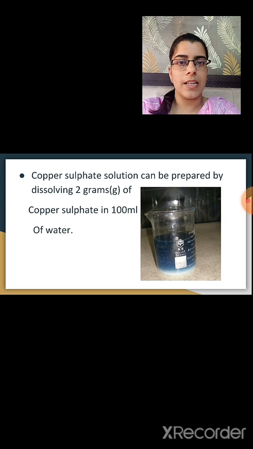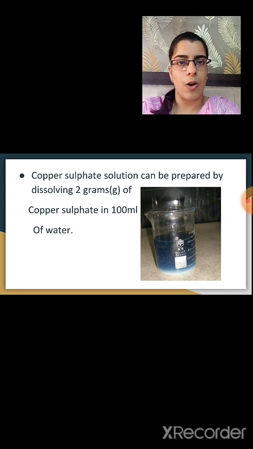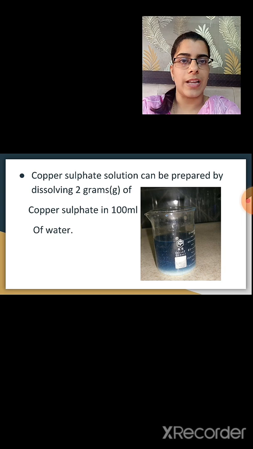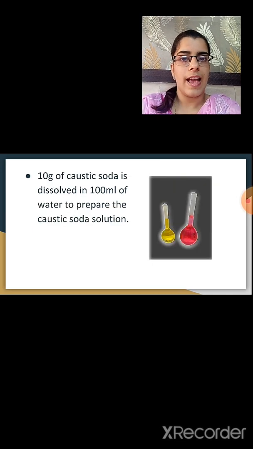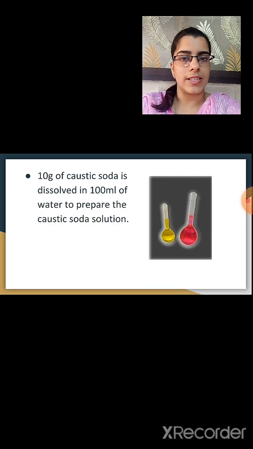Then, copper sulfate solution can be prepared by dissolving 2 grams of copper sulfate in 100 ml of water. And 10 grams of caustic soda is dissolved in 100 ml of water to prepare the caustic soda solution.